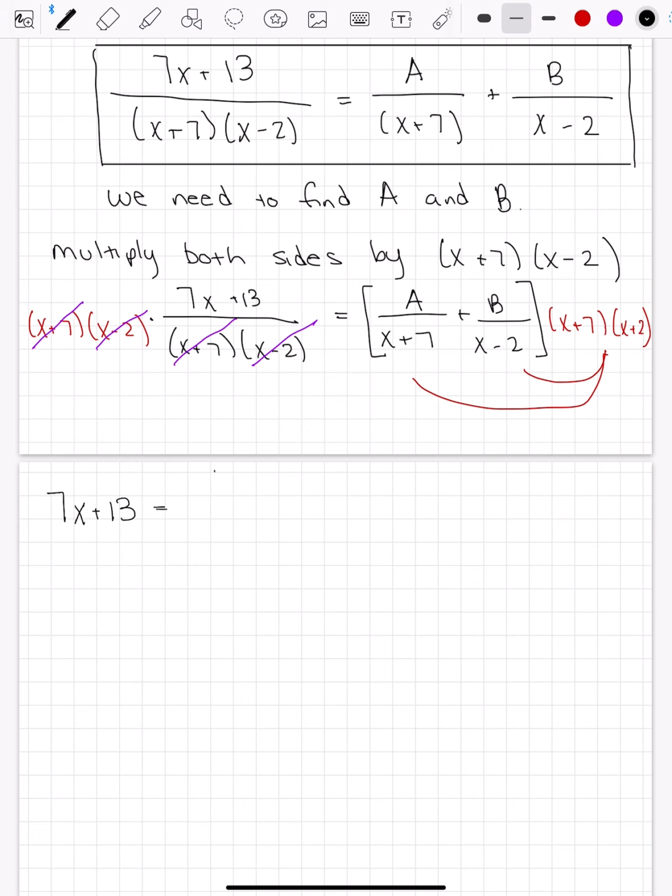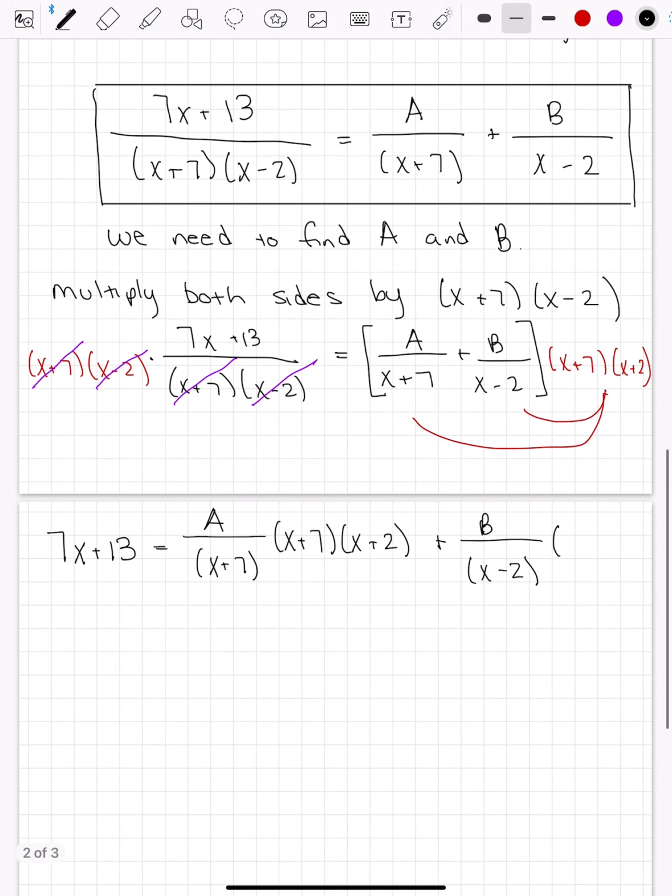And then on the right-hand side, we have A over x plus 7, and that's going to be times x plus 7, x minus 2, plus B over x minus 2 times... at some point I changed this to a plus, small typo there.